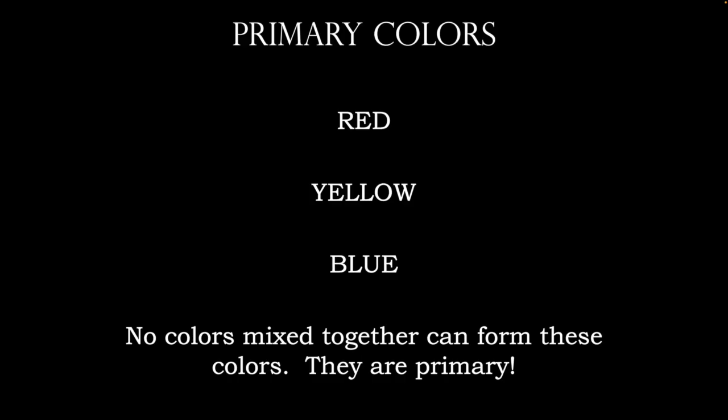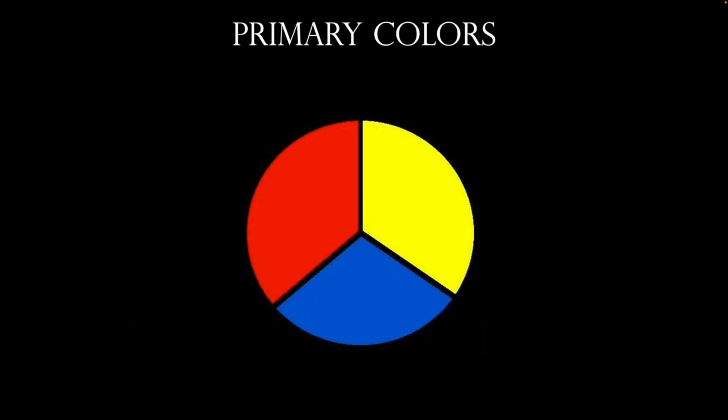So the primary colors are going to be red, yellow, and blue. These are the top of the food chain. No other colors mixed together create these. They are primary colors. So make sure you memorize the primary colors: red, yellow, blue. We can see the very beginnings of our color wheel being formed here.